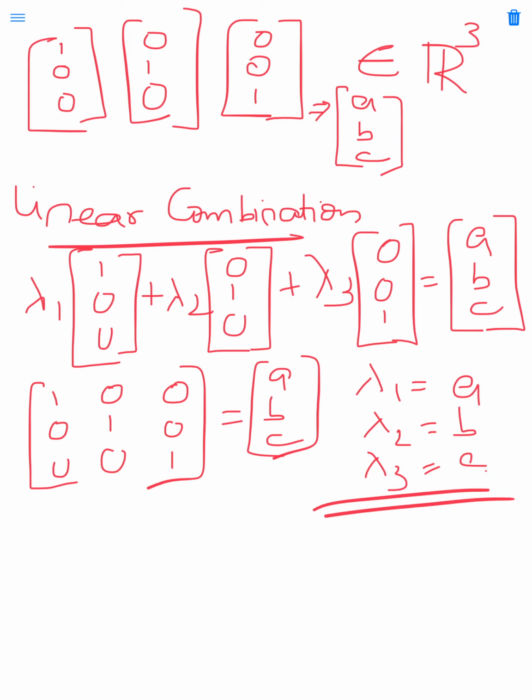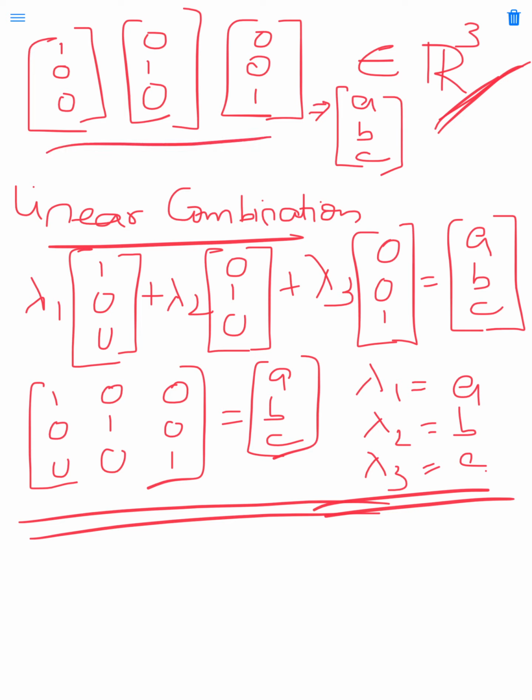So here we got a solution, and these vectors span the vector space R3. So a linear combination exists for all the vectors given over here.